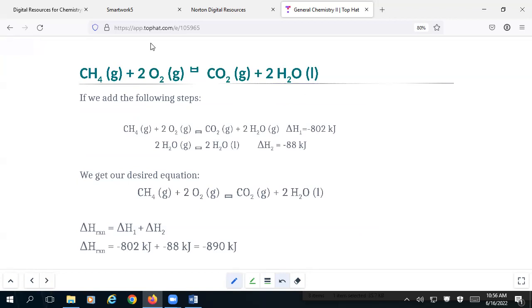So coming back to this concept, here's our chemical reaction that we are interested in.